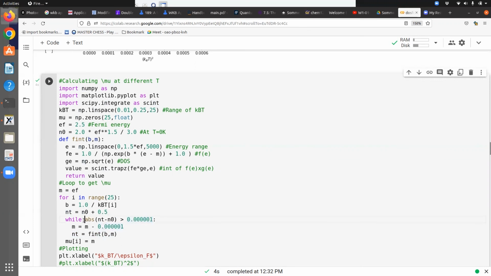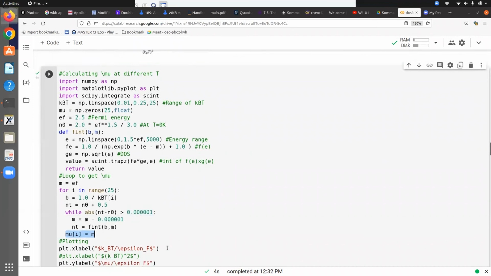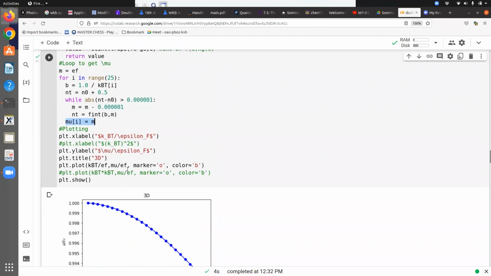Once this condition is satisfied, that is when the value of NT, the number of electrons at finite temperature, is very close to the number of electrons at 0 temperature, at that point we decide that the convergence is achieved and we store the value of mu in some array. Finally, we plot mu as a function of kBT. So let us run the code.